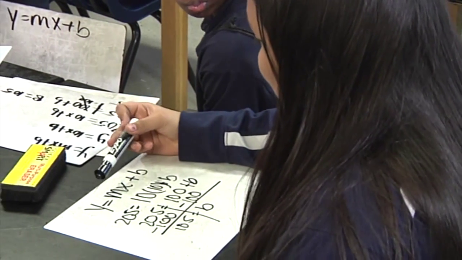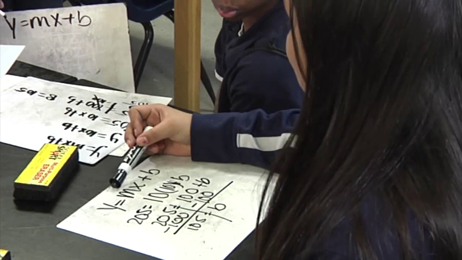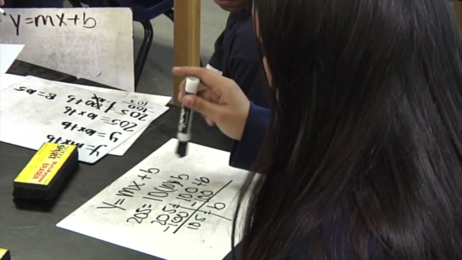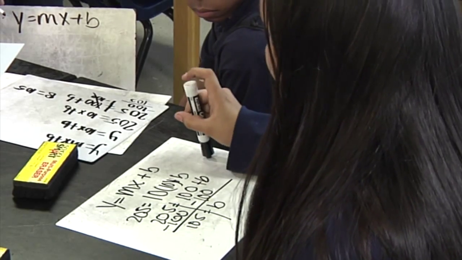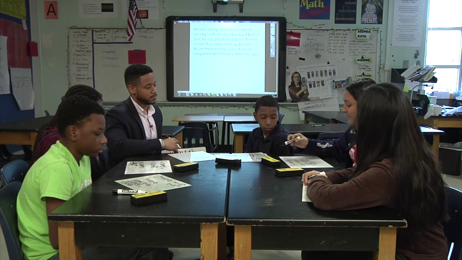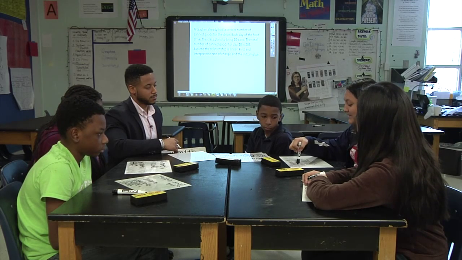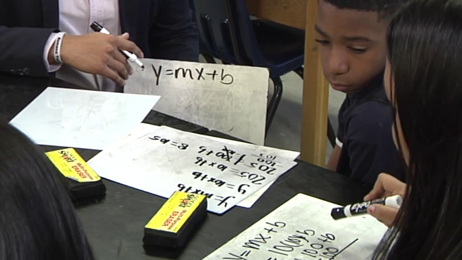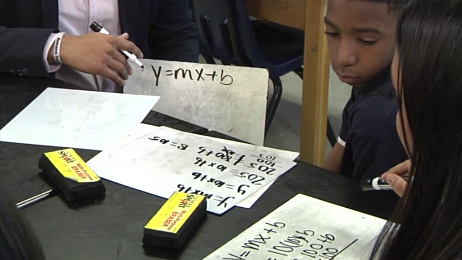So what we did was we found what our rate of change was, which was 10. So we substituted that. And then we found out what our x is, which is 10 also because those are the days. And then we found what our y was because that was the total amount, and that was 205. So then our equation was 205 equals 10 times 10 plus b.